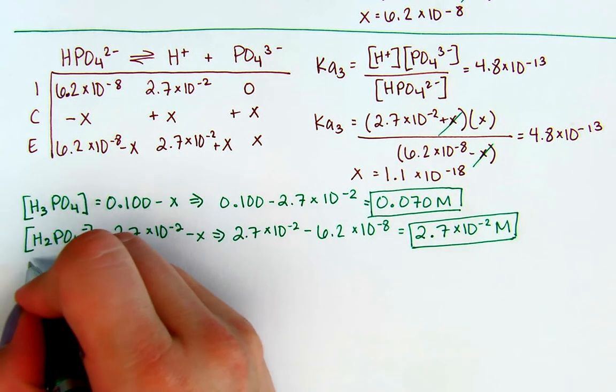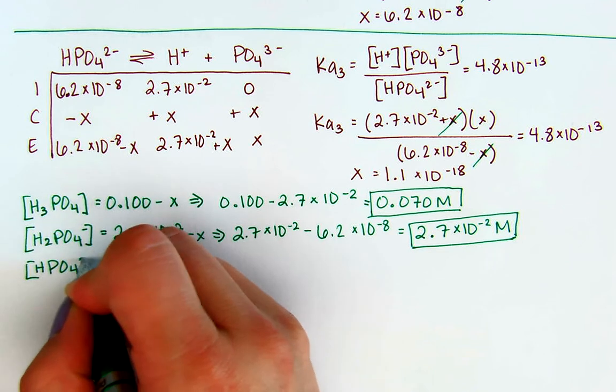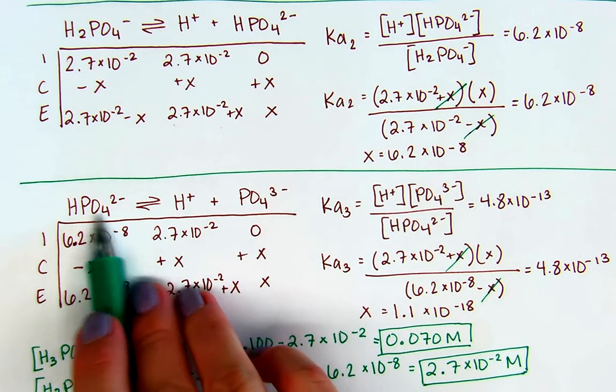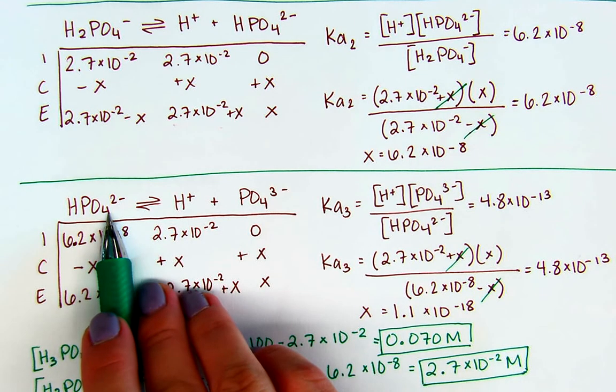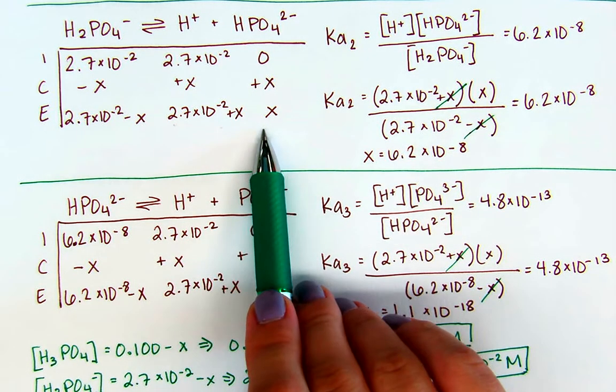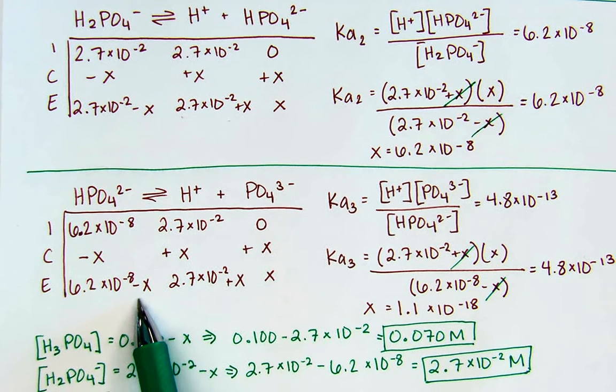Okay, next species, HPO4 2 minus. So let's find that. HPO4 2 minus is here. And I want you to notice I'm always looking at the most recent HPO4 2 minus. I'm not going to look just at x here. I'm going to look at the most recent ending amount of that, because that's taken everything into account at the end.